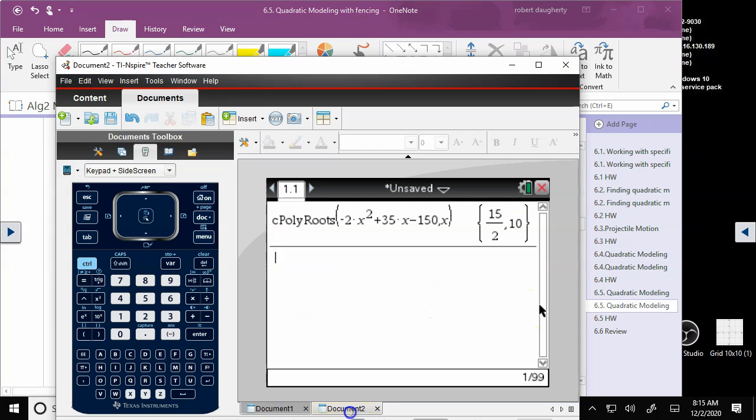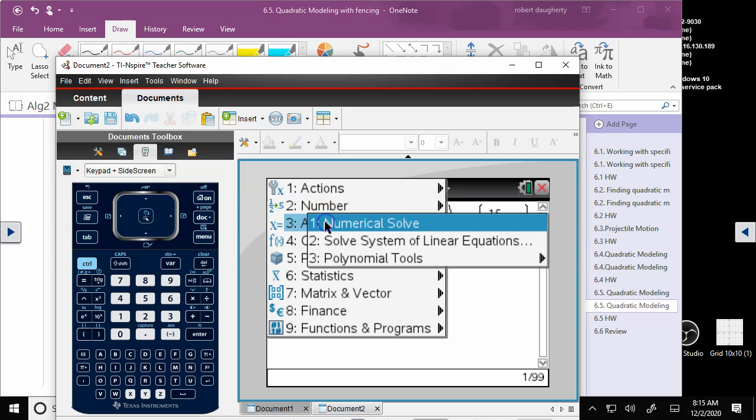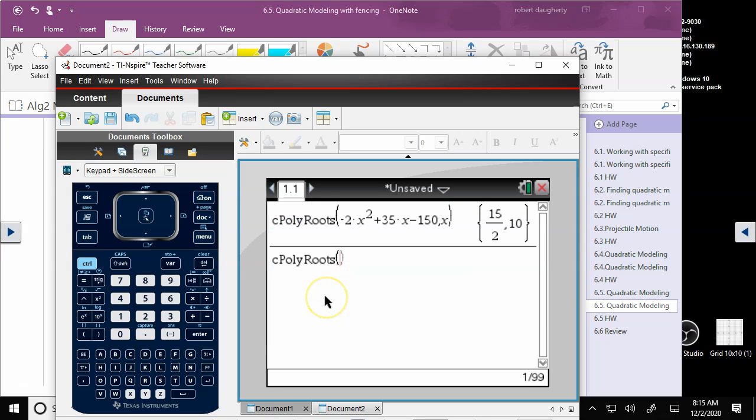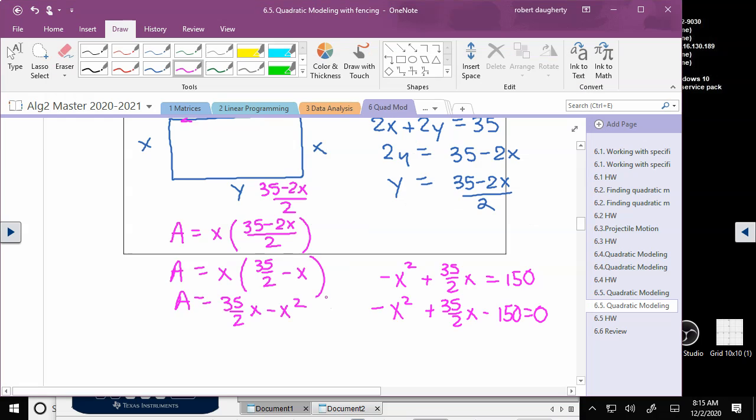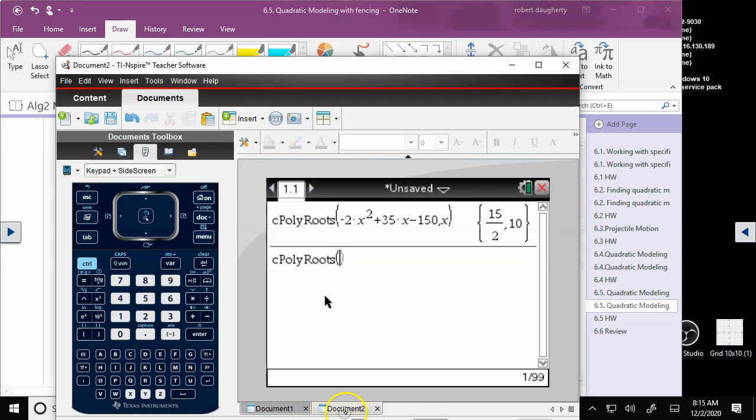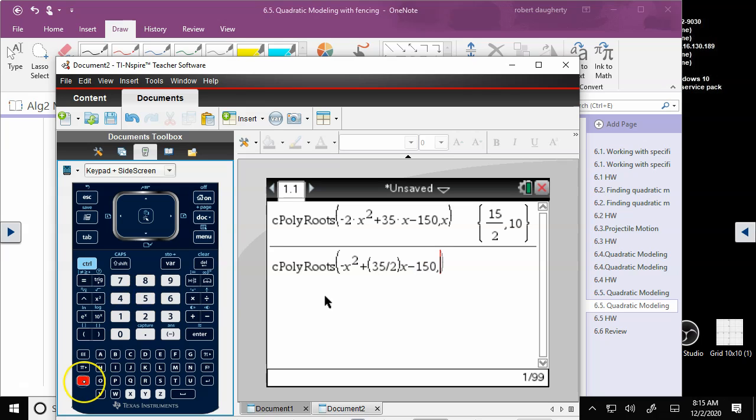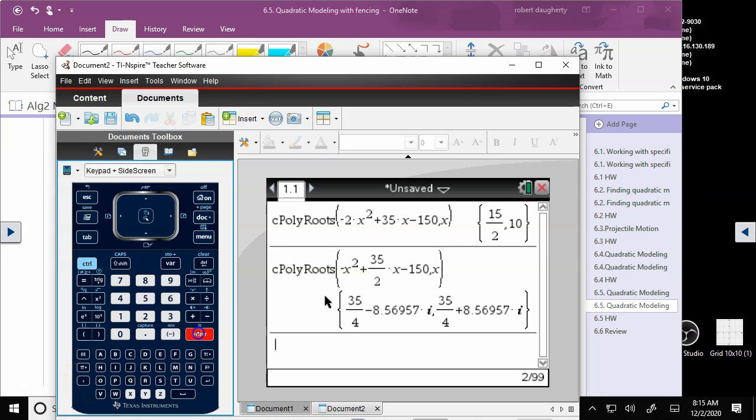And then just go to my calculator, and in order to solve this, menu, algebra, complex roots. So this equation was what? Minus x squared plus 35 divided by 2 x minus 150, and solve that for x.